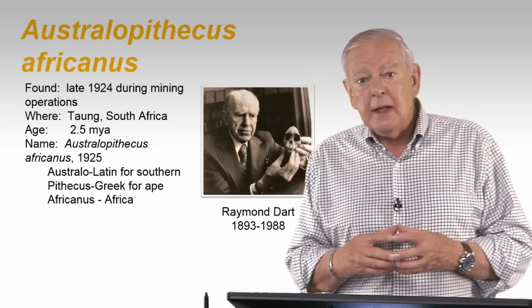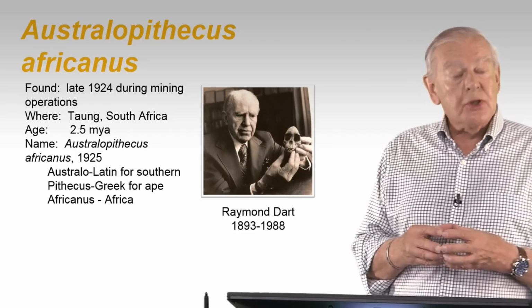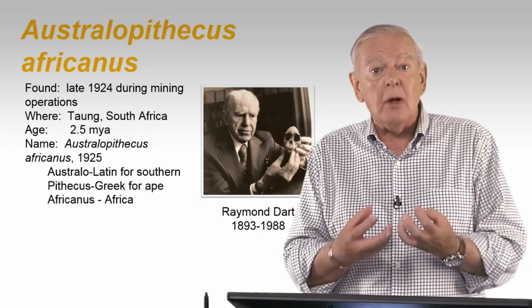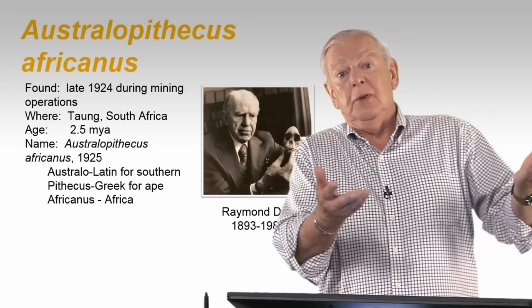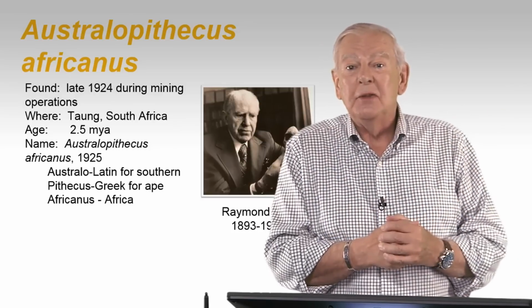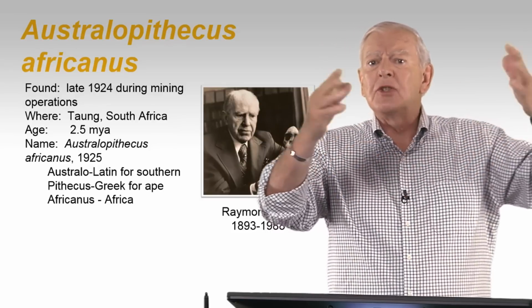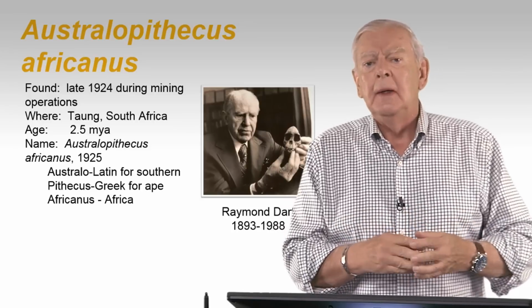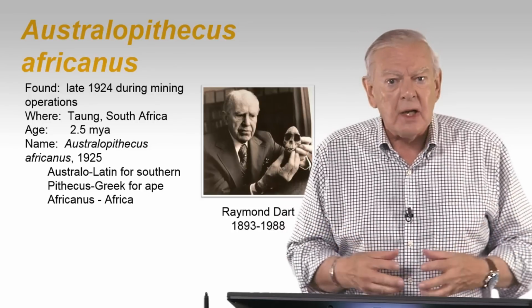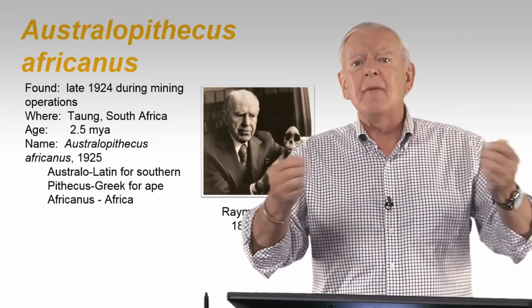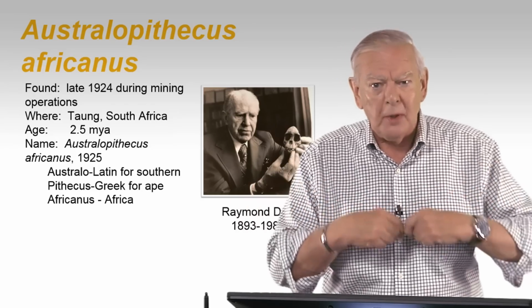And during his tenure there, he had a student who brought him some skulls of fossil baboons. And he said, where did you get those? And she said, well, there's a mining operation in a place called Taung, and they're finding these kinds of things. And he said, well, just have them save the bones and send them to me.